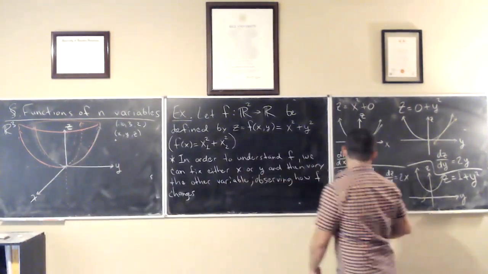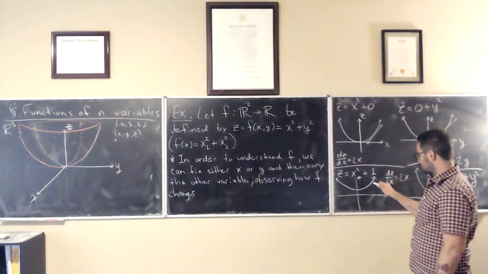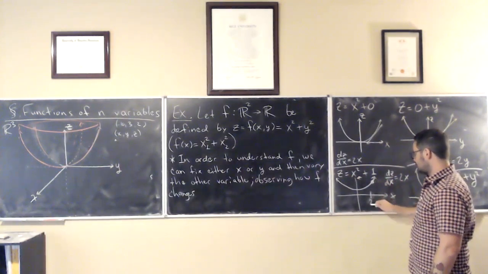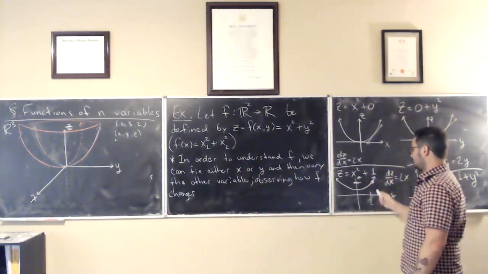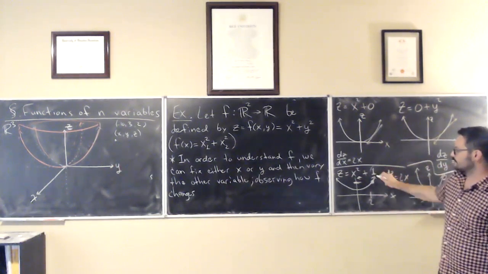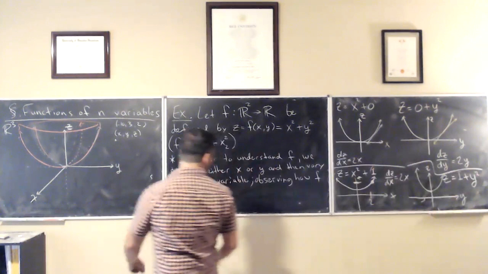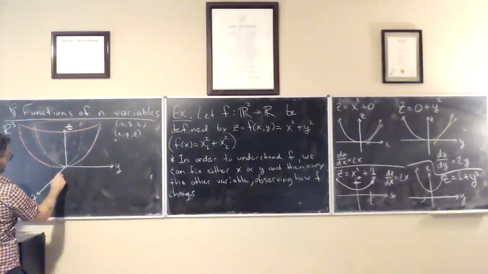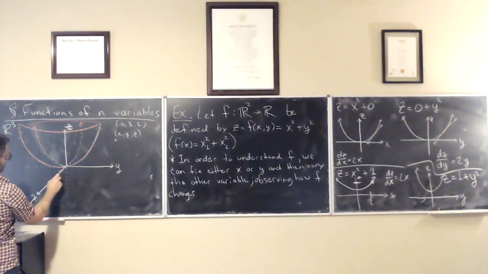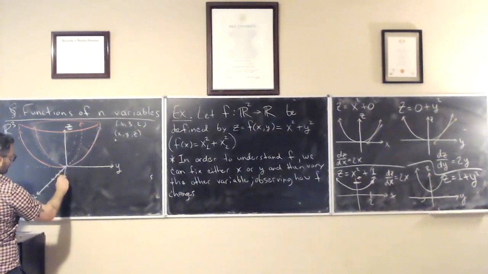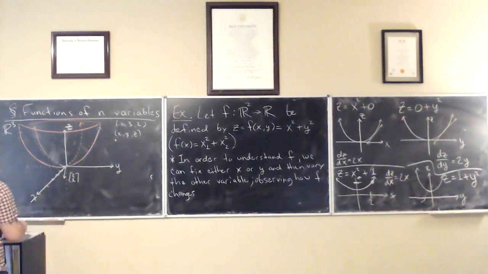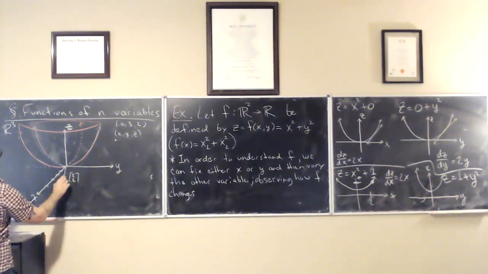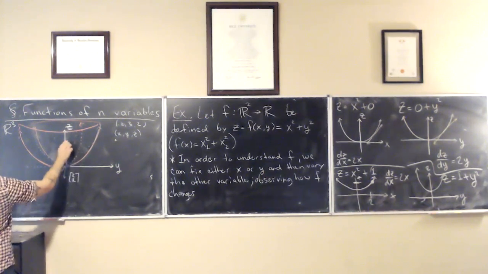For example, like this point here, that's when x is equal to 2. So 2 squared is 4 plus 1 is 5. And then y was 1, right? We fixed y at 1. So at 2, 1, that's the vector 2, 1, the corresponding value for z would have been 1, 2, 3, 4, 5.